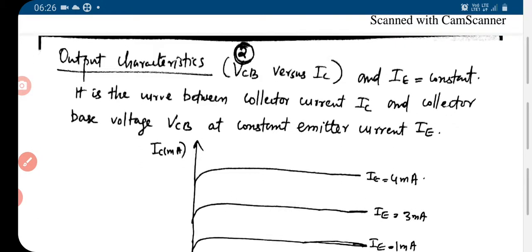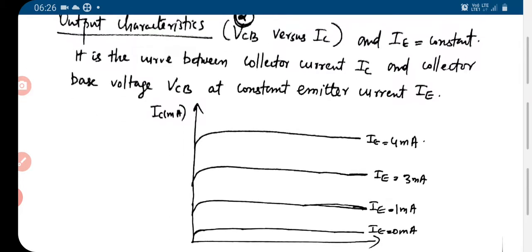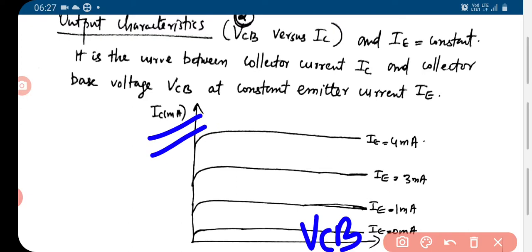Now when it comes to output characteristics in common base mode, we draw the graph between the output voltage VCB and the collector current IC.